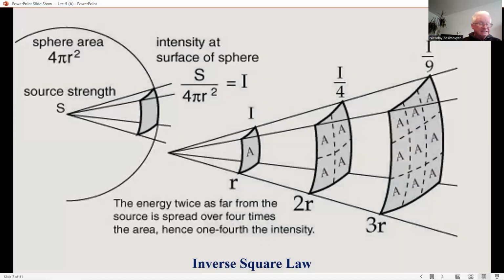Now you can understand how the brightness of any light source depends on its distance. Its brightness is reduced in proportion to the square of its distance. And that is an important clue to the intrinsic brightness of a star.